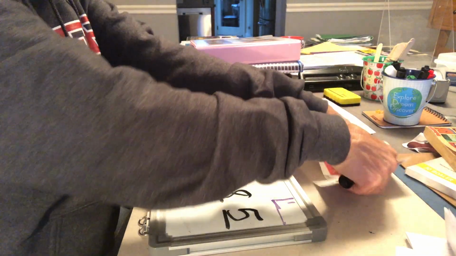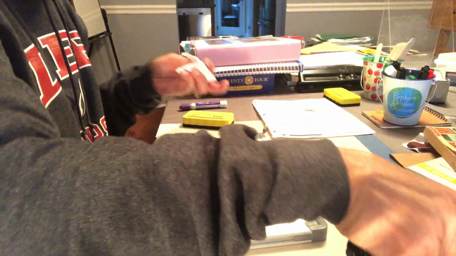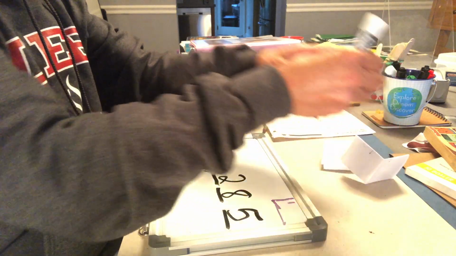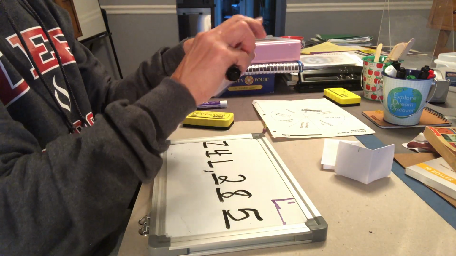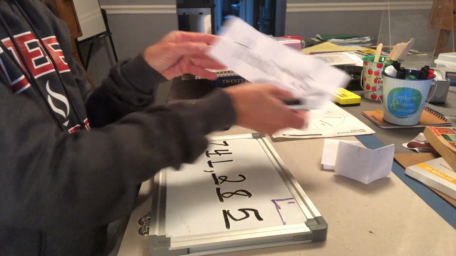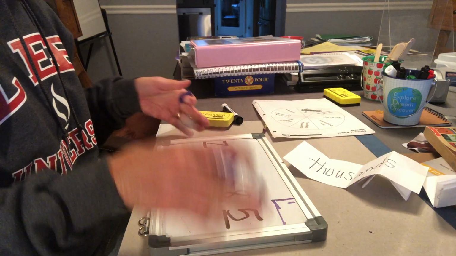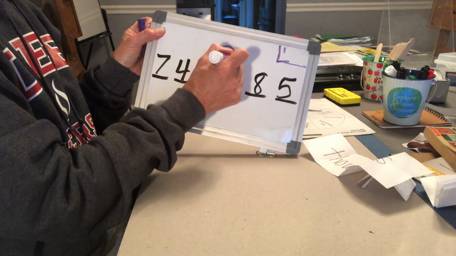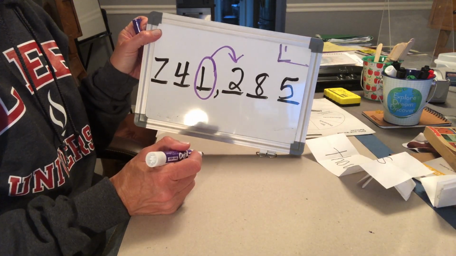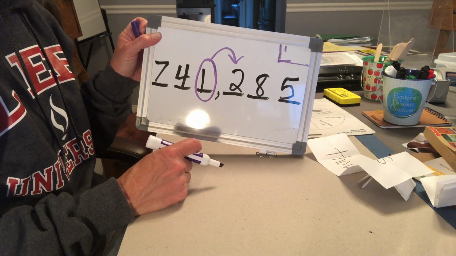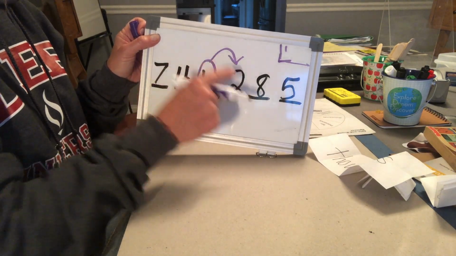Now I'm going to imagine that I do not have a spinner, so I'm not going to look, and I'm going to choose this one, or my partner chooses. We're going to round to the thousands place. So we each circle the number in the thousands place, draw an arrow to the right, and ask our neighbor, hey, 5 or more, raise the score. 4 or less, let it rest.